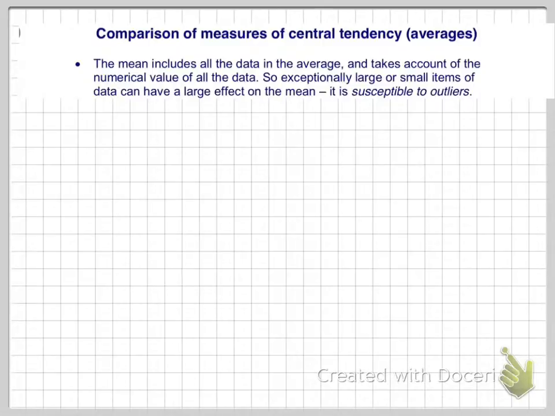Now it's probably worth understanding the comparison of the averages. The mean, I'll just read this out, includes all the data in the average, and so takes into account all the numerical values of the data. So if you have an exceptionally large or really small item, which might even be a mistake, for example, then such an item is called an outlier.